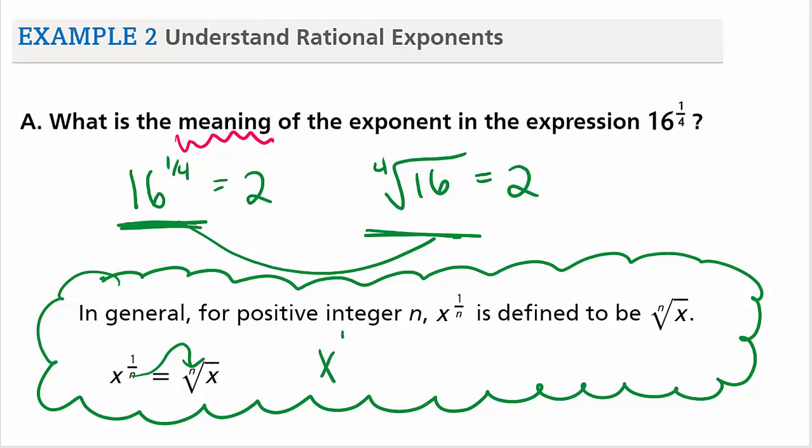For example, x to the 1/3 is the third root of x. If we have x to the 1/5, that's the 5th root of x. So the bases are the same: the base on the left-hand side is equivalent to the number underneath the radical. The denominator on the left-hand side is the nth root on the right-hand side.